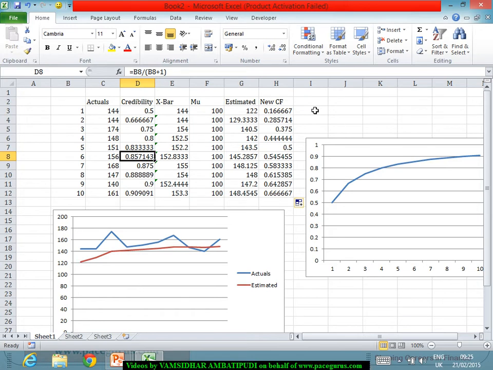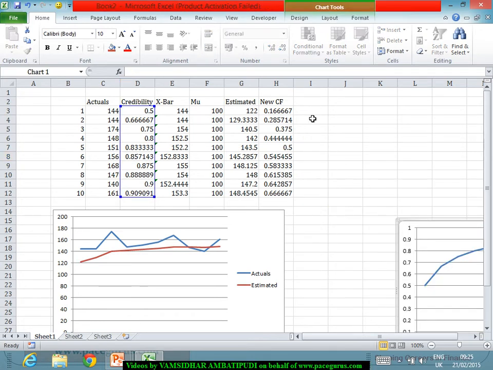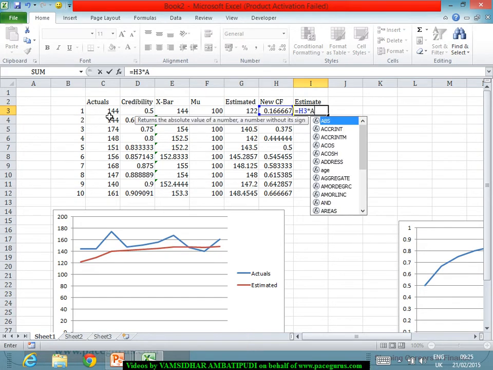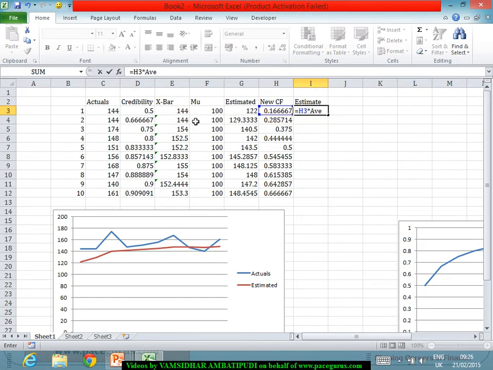And if I am doing an estimate now using that mechanism, let's say I want to do an estimate where it is z times whatever is my historical average. Historical average is this number, we have already computed. Z times the historical average plus 1 minus z times the value that we are giving to the collateral, this one.